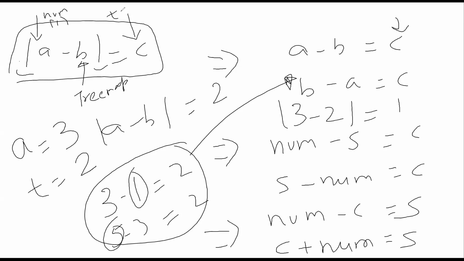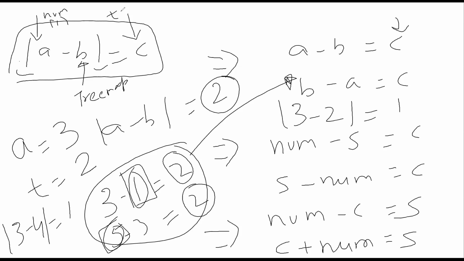Let's take 4: 3 minus 4, if you do a mod, it will still be 1, and it is less than 2. So these two numbers, 5 and 1, give you the two bounds where you need to find any number such that the equation is satisfied.